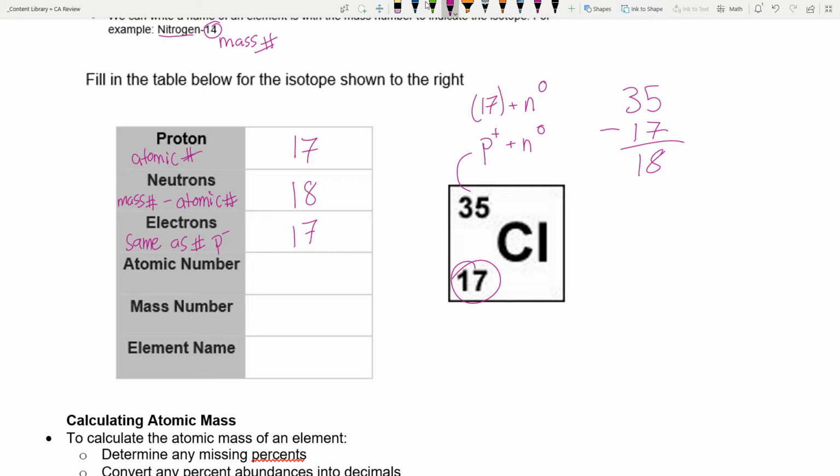The atomic number, hopefully you remember, is the same as the number of protons. And the mass number is the one written on the top, that's 35. The element name, we would look it up in our periodic table, or you should know at this point that Cl is chlorine dash 35. So the way we write that is with the mass number after the dash.